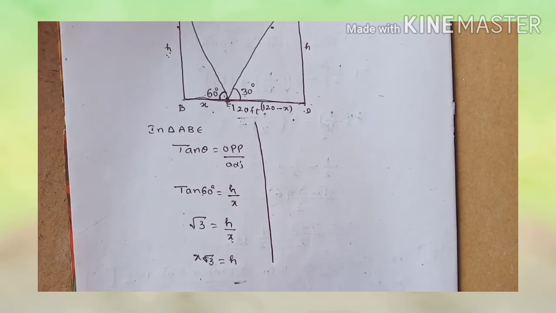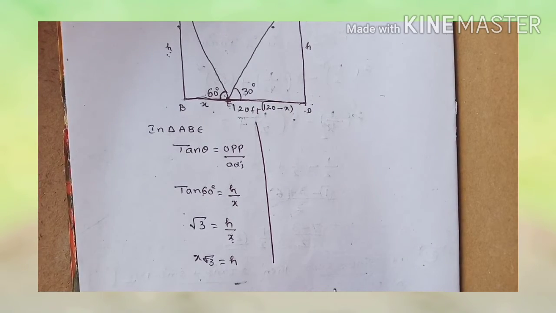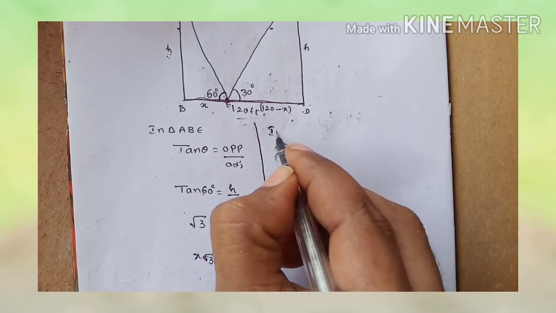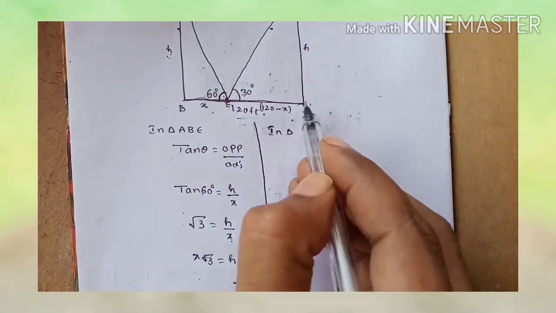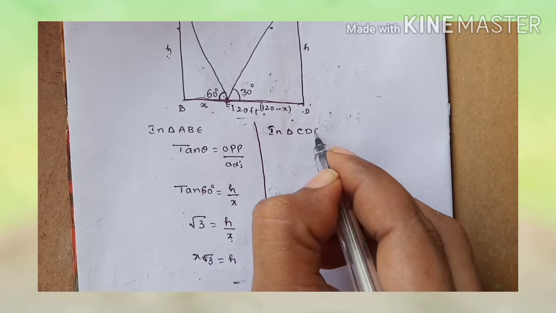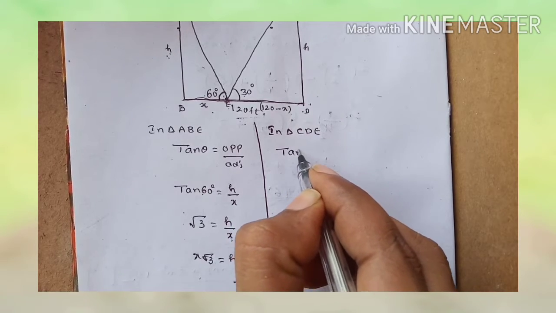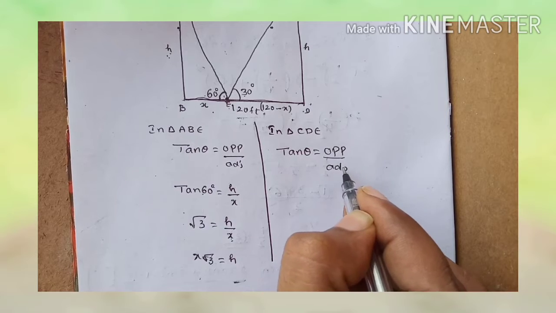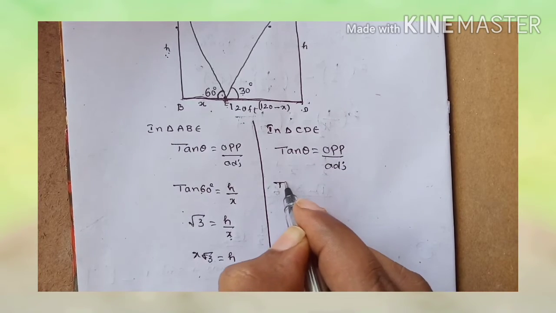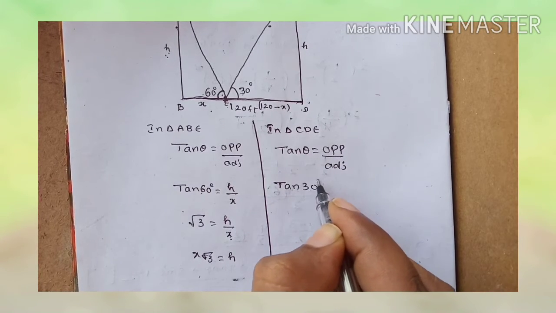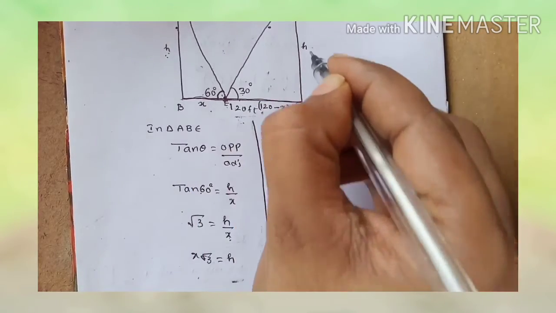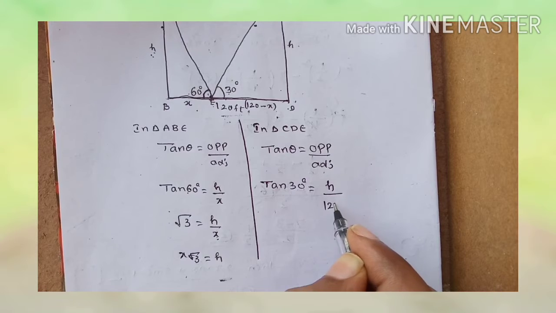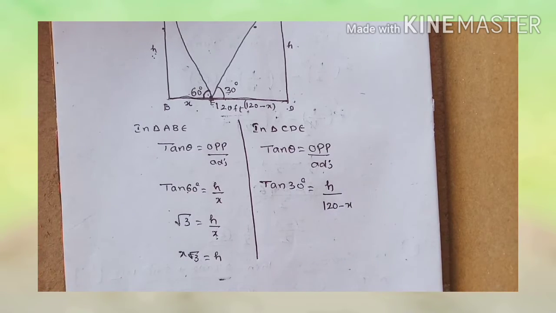Now we can find the value using the second triangle. In triangle CDE, we can also apply tan theta equals opposite side by adjacent side. Tan 30 equals opposite h by adjacent 120 minus x.